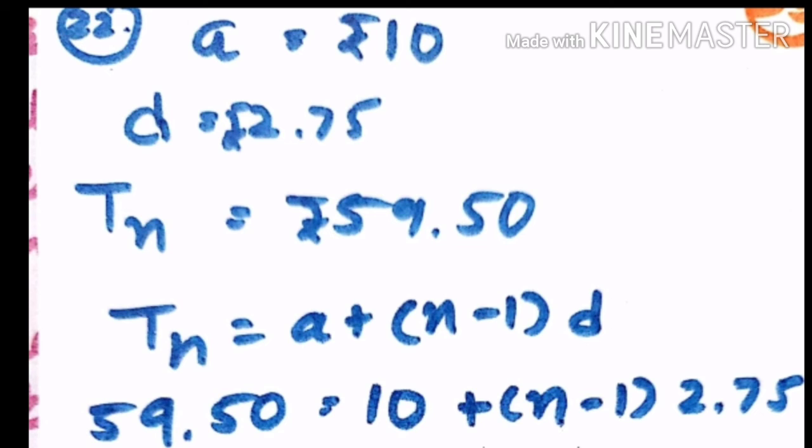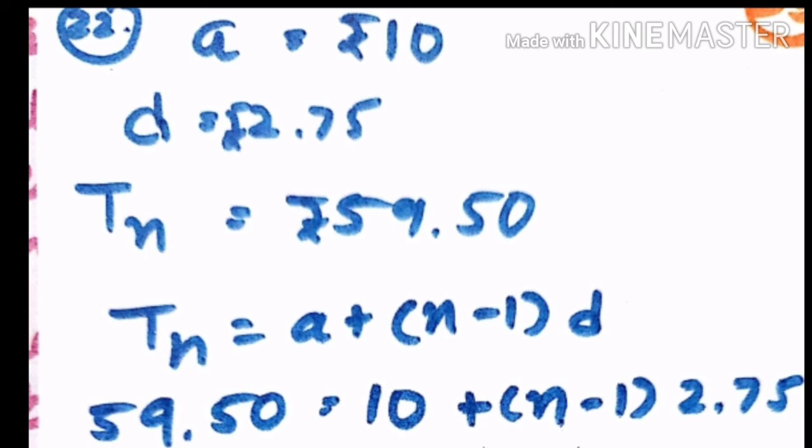In this question we are given a word problem, but I will tell you what is given. Here a, the first term, is rupees 10, and every time the deposit is 2.75, which means the common difference is 2.75, and the last term is given as rupees 59.50.